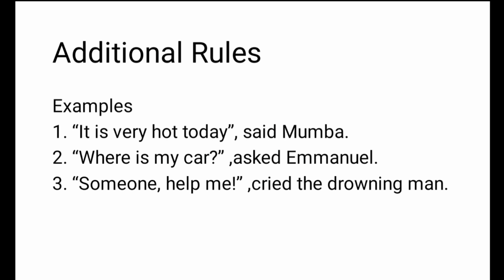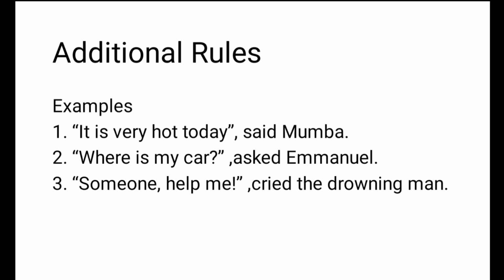We have just discussed the rules, or rather the various things that you ought to do when you are reporting using the direct speech. All right, so you use the actual words. Those actual words are to be placed in between inverted commas. Then you need to make sure that you follow the rules.